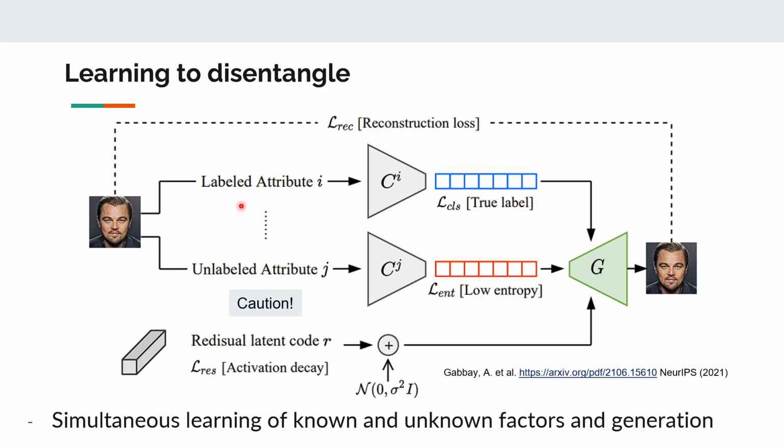So people try to come up with a technique. They realize that in the data there are some attributes or aspects of the data that we recognize, and there are also some unlabeled aspects. If you see the image of a person, you can tell the gender, the age, the skin color, the eye color.